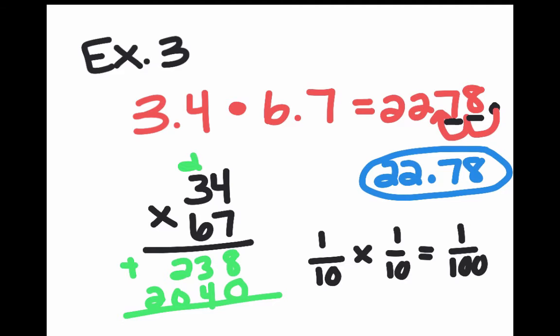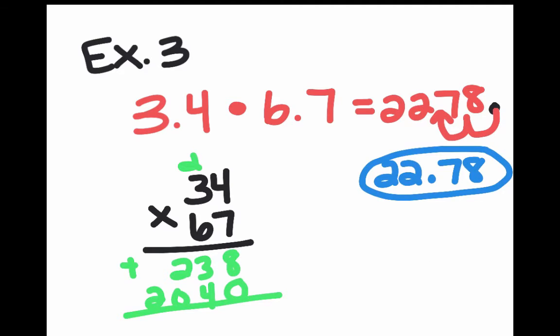Also, if we look at this, 6th graders, we moved, don't write this right now, we moved the decimal 1 place to the right, so we multiplied it by 10. We multiplied 3 and 4 tenths by 10 to make it 34. And we multiplied 6 and 7 tenths by 10 to make it 67.